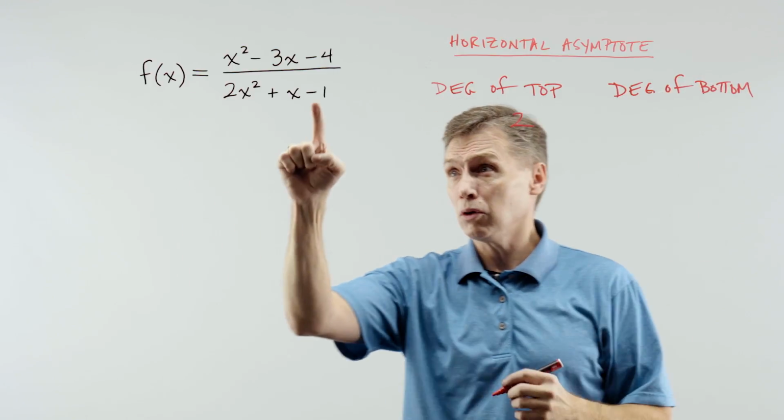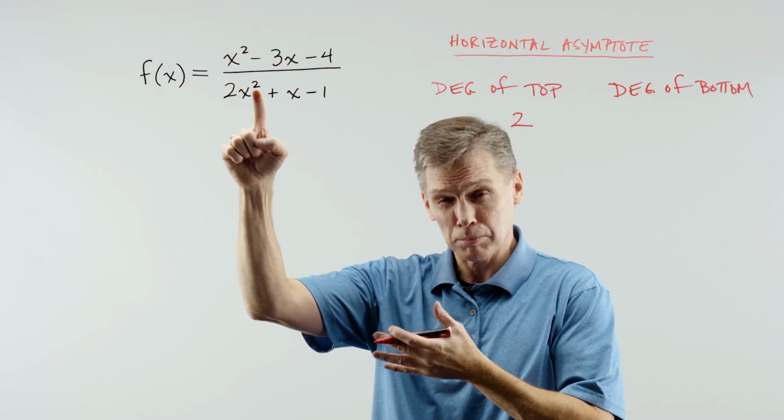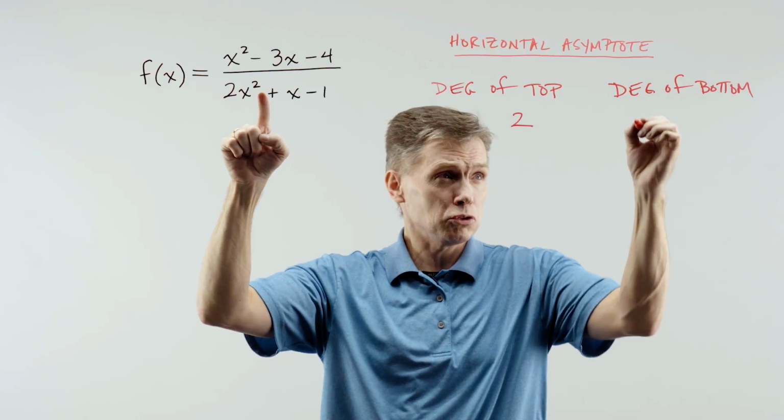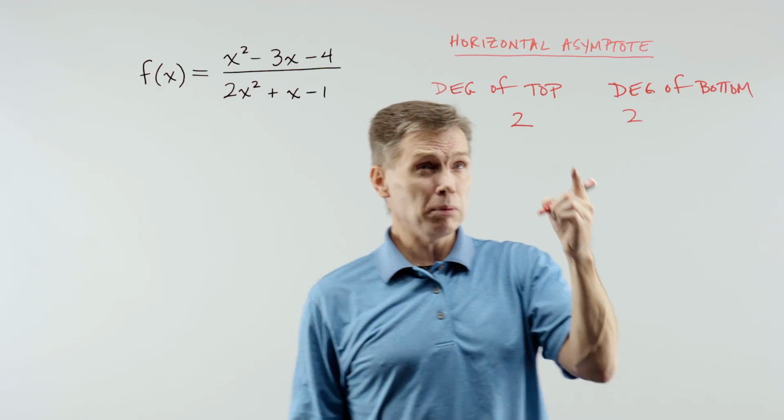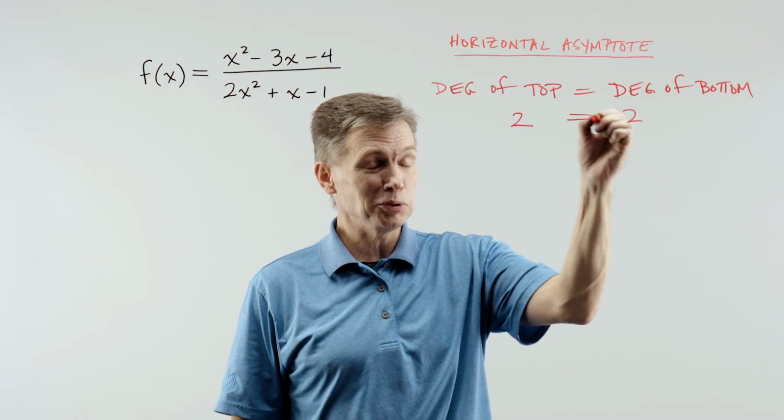Again, the bottom is a polynomial, and you're looking at the power of the highest powered term downstairs, which is also 2. So for this problem, the degree of the top equals the degree of the bottom because 2 equals 2.